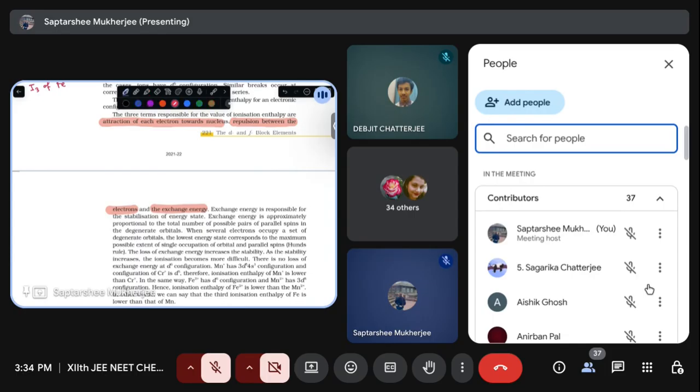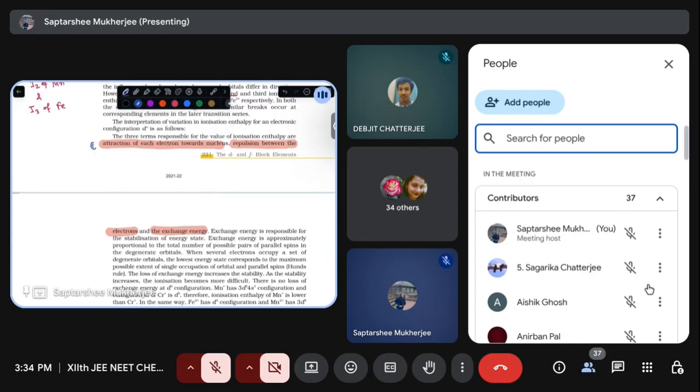Very much noted. First, Z effective. Second, pairing energy. Third, exchange energy. Can you follow that?